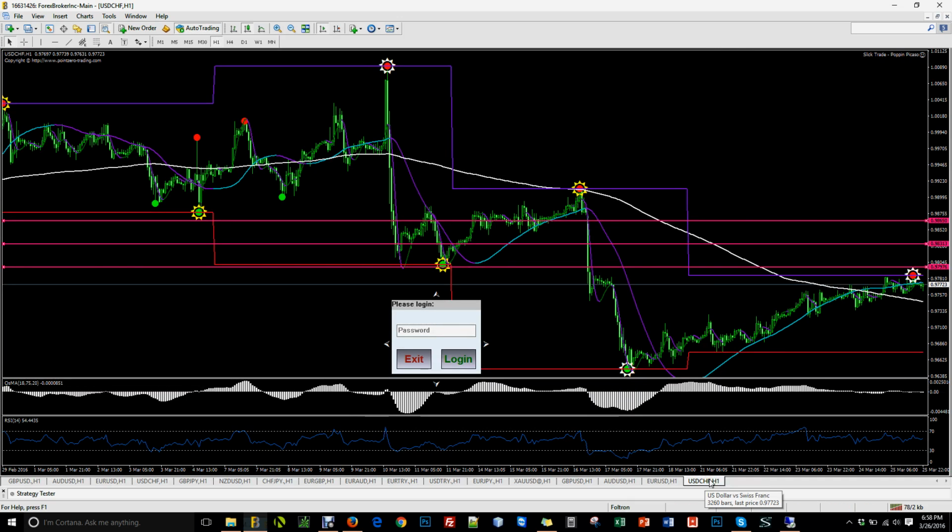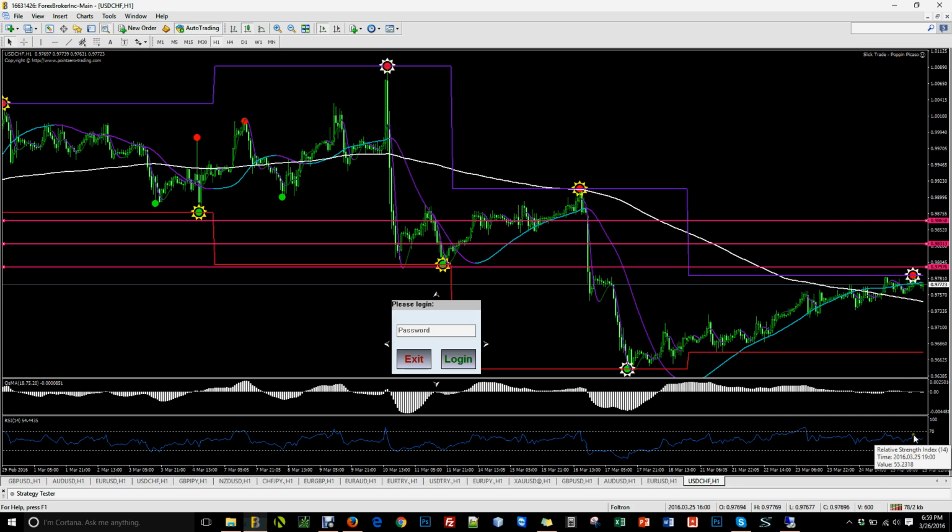Looking at USD CHF, same three strategies. Poppin Picasso is showing that it wants to head down. Price is below the Hall Moving Average, has not switched to purple yet. We ended with a semaphore sell.